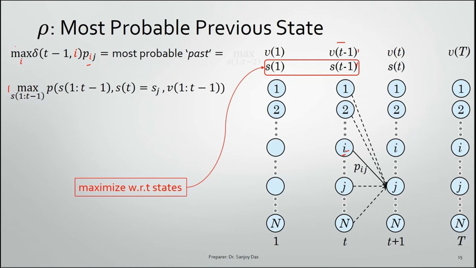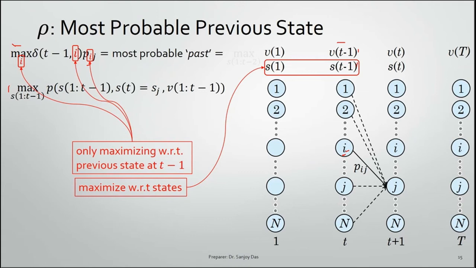Now we're maxing over the entire S1 through S t minus 1. However, this max over i operation in the top of the expression is being carried out over i. So what's the most likely previous state i? If the current time step is t now, then what's the most likely previous state at time t minus 1? That's what we are maximizing over.